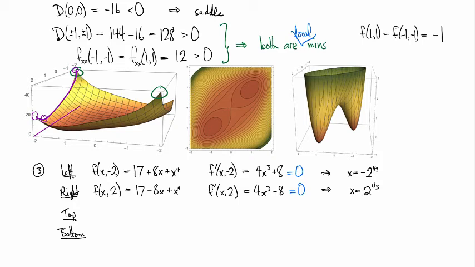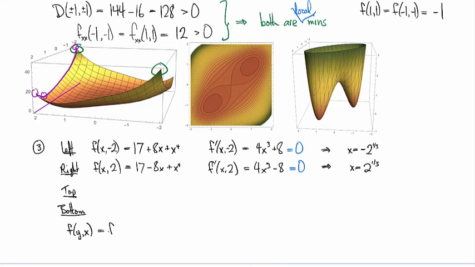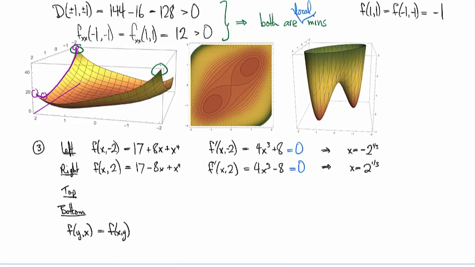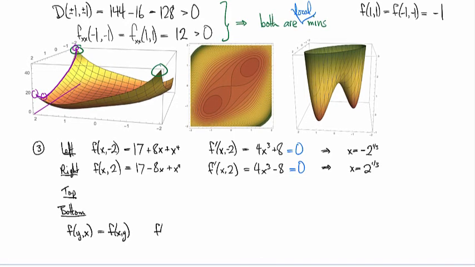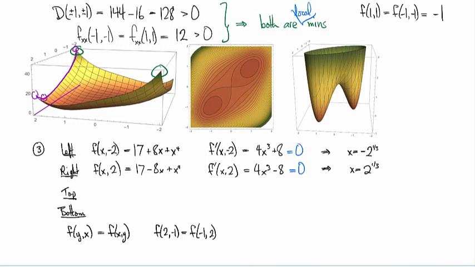Normally, we would also look at the top and the bottom, but this function is symmetric here. So since the function is symmetric in x and y, and by the way, when I say symmetric in x and y, I mean that if you put in y for x and x for y, the formula that you get looks exactly the same. So if you interchange the two variables, you get the same thing. So in other words, like f of 2, minus 1 is going to be the same as f of minus 1, 2.